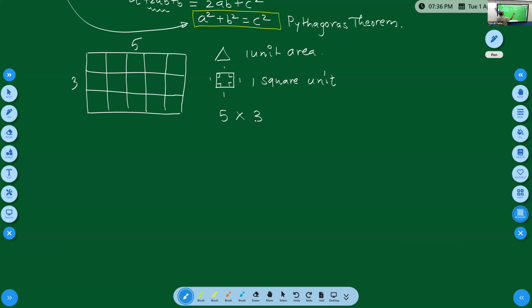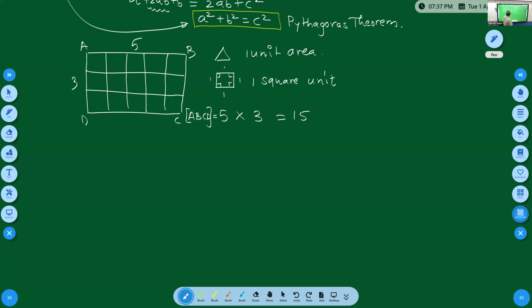So the total area of, say, ABCD is 5 into 3, and that is all. It is very simple. If the length of this rectangle is a natural number, and if the width is also a natural number, then this will work. Row wise, you will have as many squares as the length.